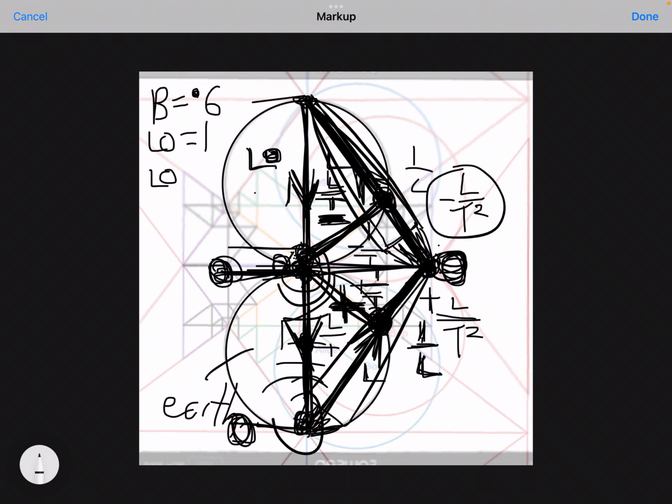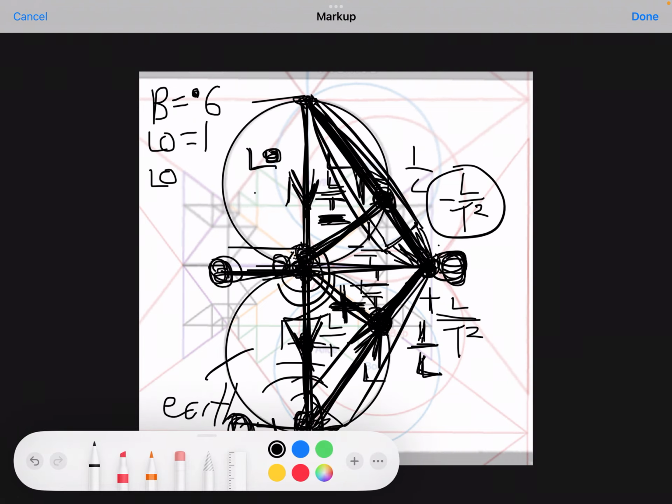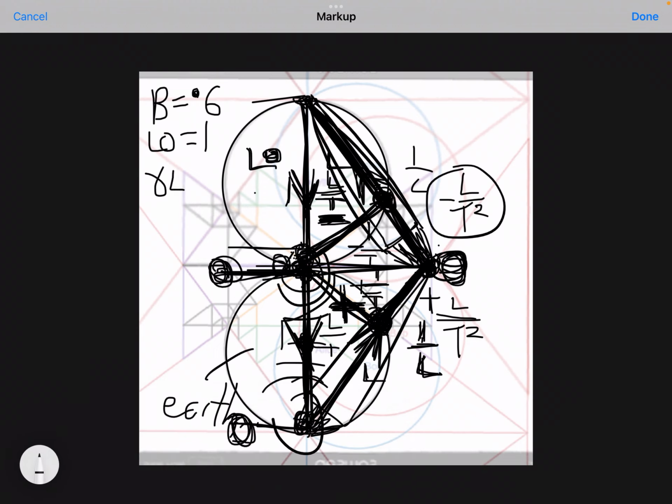She knows that the length of the ship in his frame is gamma times L0. By the way, L0 is 1, okay? But she knows, but her frame and his frame is L0 divided by gamma.